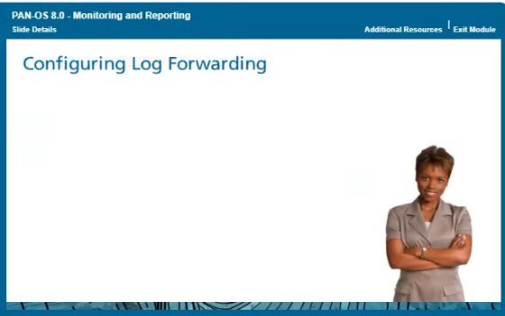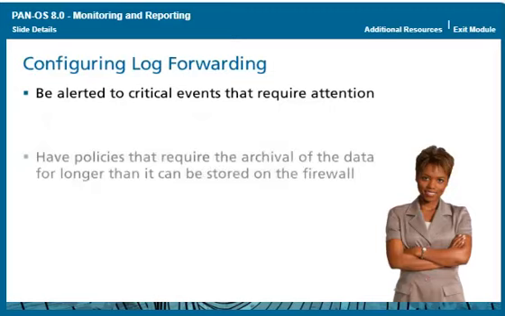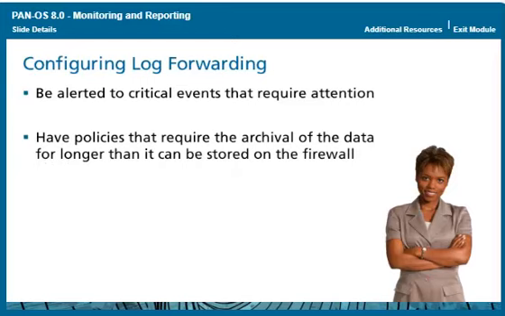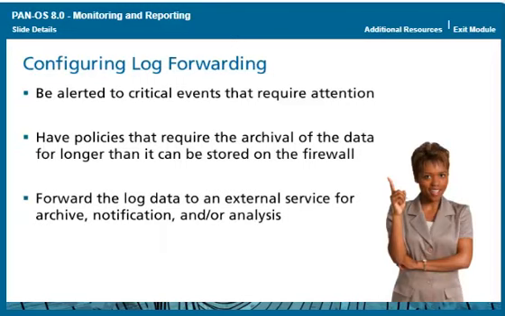Depending on the type and severity of the data in the log files, you may want to be alerted to critical events that require attention or have policies that require the archival of the data for longer than it can be stored on the firewall. In these cases, you want to forward the log data to an external service for archive, notification, and/or analysis.